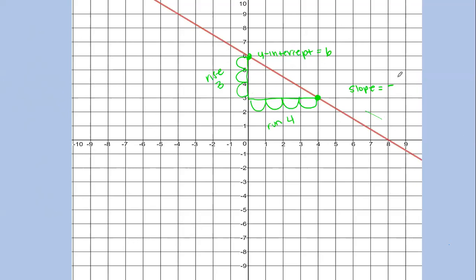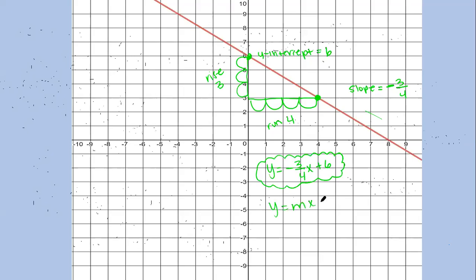So my slope is -3/4. So what would my equation be for this graph? y equals -3/4x plus 6. Perfect. So y equals mx plus b. The m is -3/4. The b is 6.